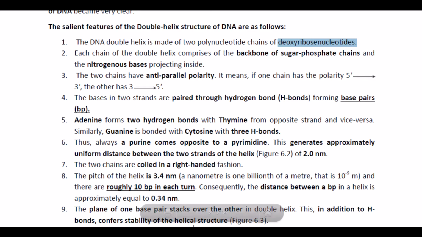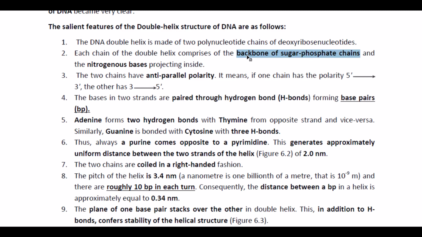If we look at these deoxyribose nucleotides, then we shall see that each chain is basically made up of three components, that is the sugar phosphate chain. It makes the backbone, and from each of these backbones there are attached the nitrogenous bases.